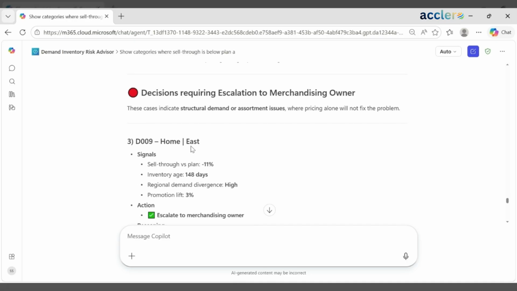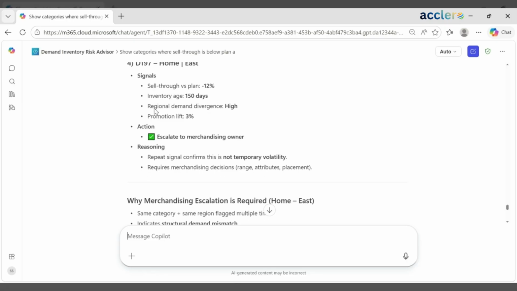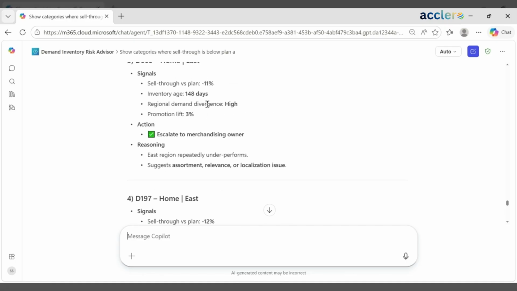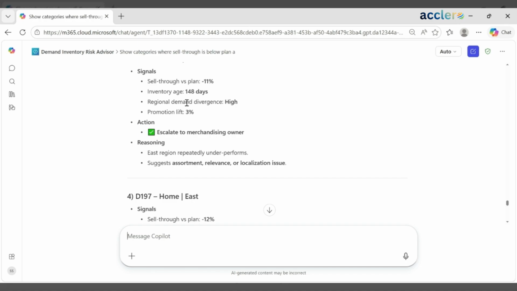Then the decisions requiring escalation to merchandising owner are divided into D009 home and D197 home. So it is for the home, especially in the east region, where repeated failures indicate a merchandising issue.